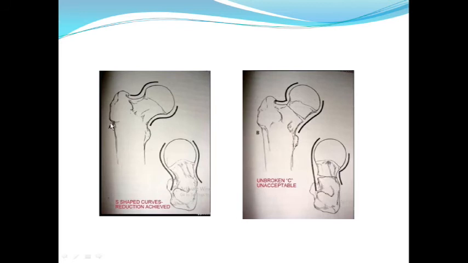When you see a normal proximal femur, you find its architecture like this, and in lateral view you get an S-shaped or inverted S-shaped line. So when this shape or line is distorted, you can say the fracture reduction is not adequate.